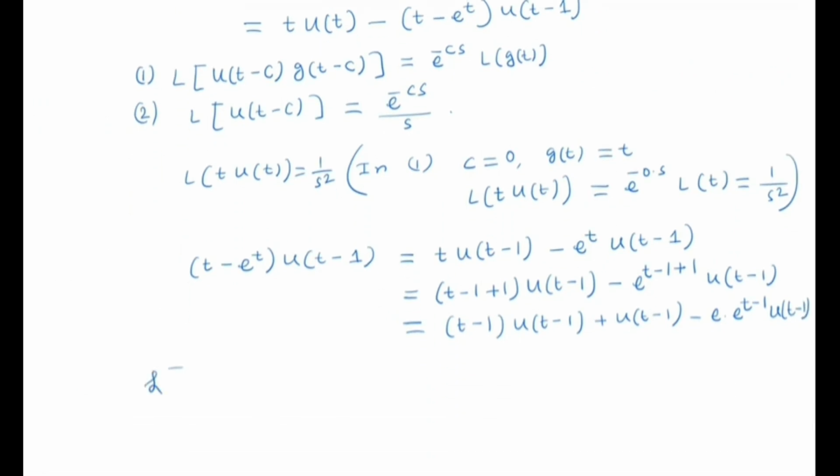So what is the Laplace transformation of this function?